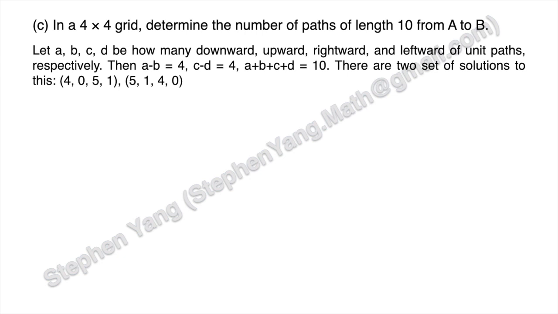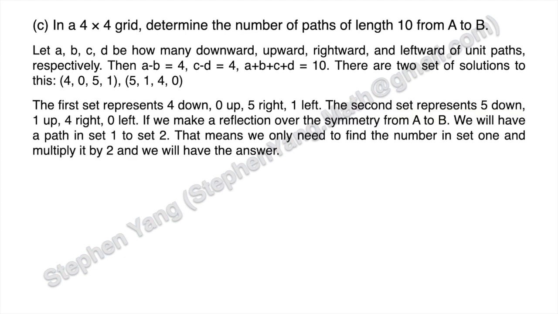So there are 2 sets of solutions to this, which are (4, 0, 5, 1) and (5, 1, 4, 0). The first set represents 4 down, 0 up, 5 right, 1 left. And the second set represents 5 down, 1 up, 4 right, and 0 left.